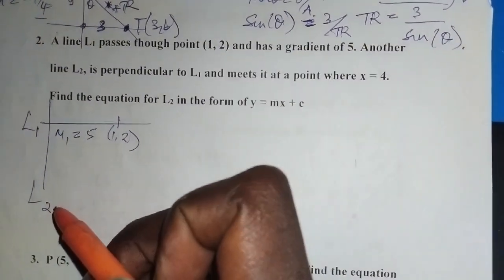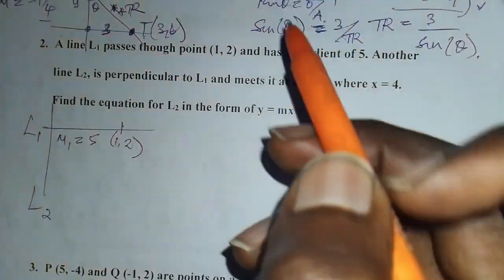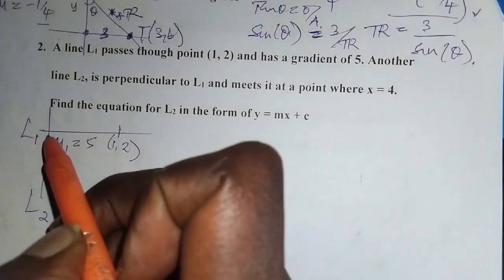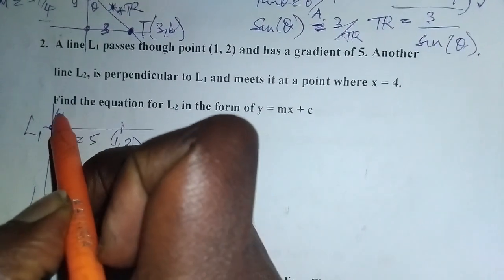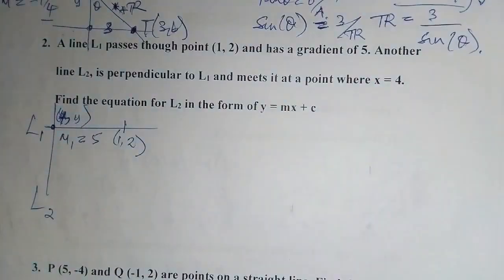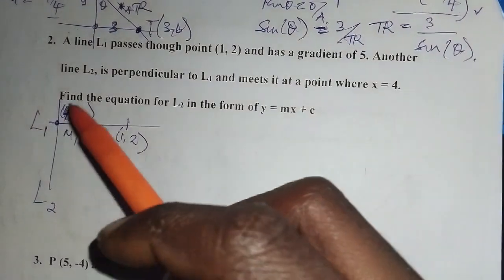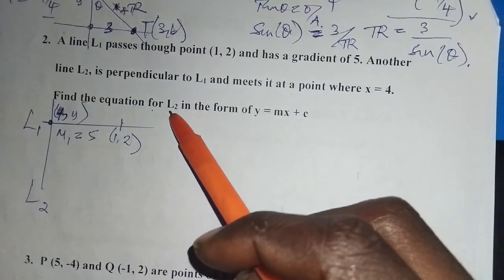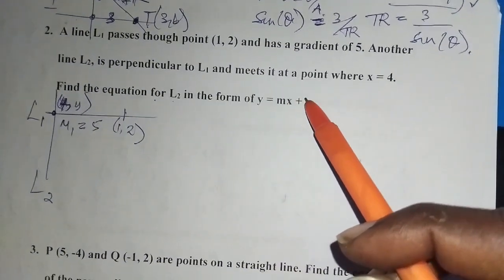You have L2 which is perpendicular to L1, and it meets it at a point where x is equal to 4. So at this point where they meet, the value of x is 4, but we don't know the value of y. So they're saying find the equation for L2 in the form of y is equal to mx plus c.